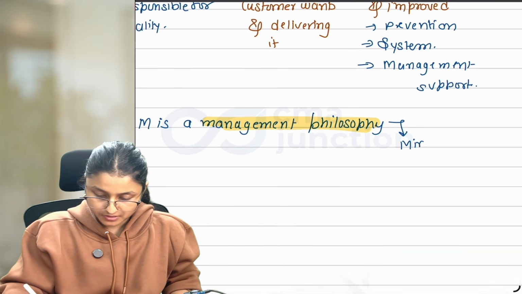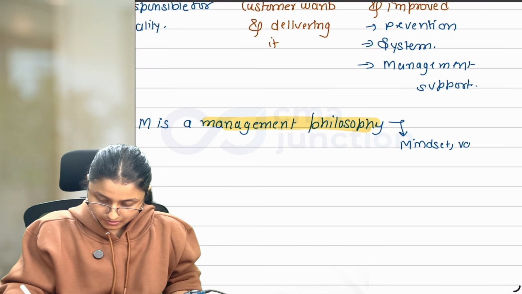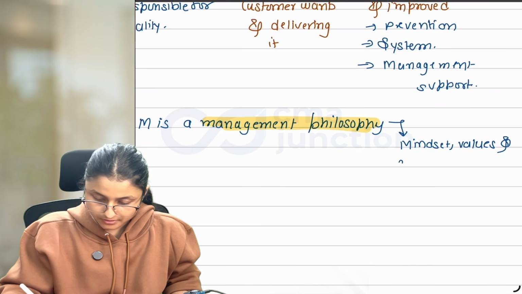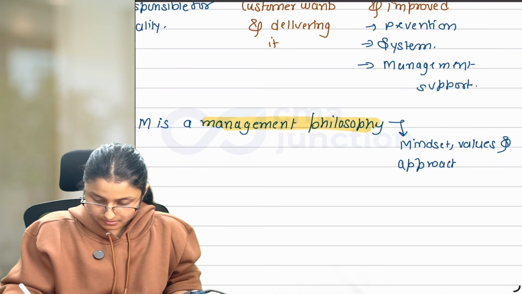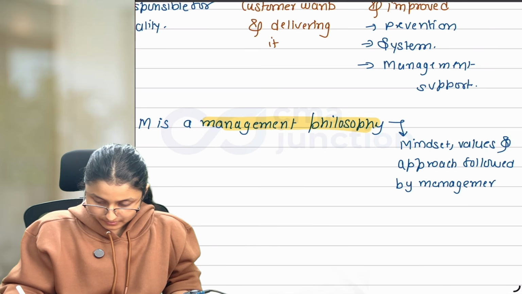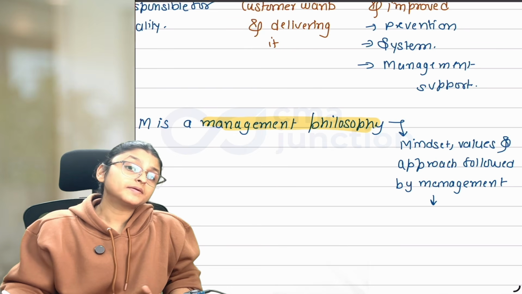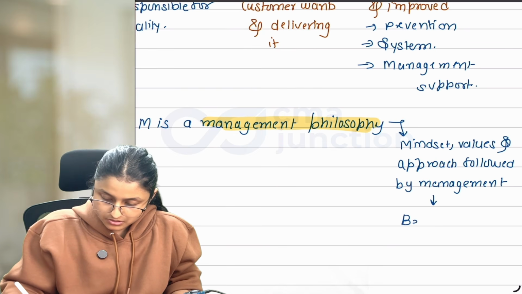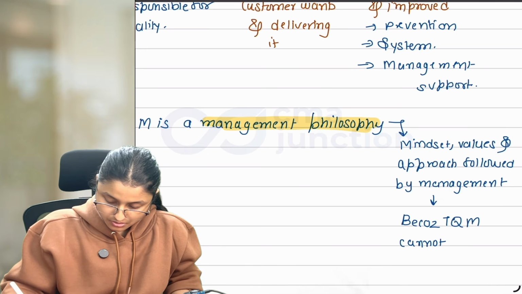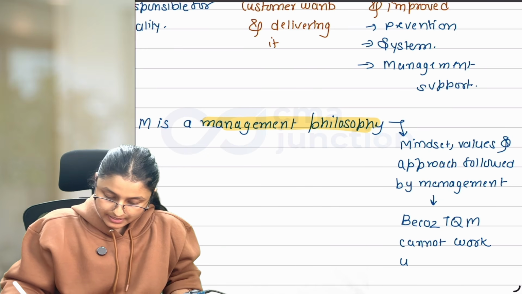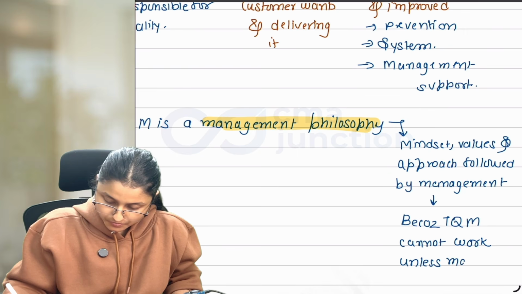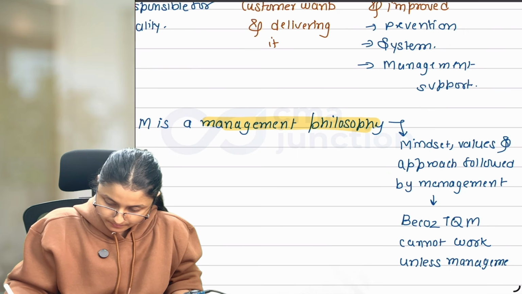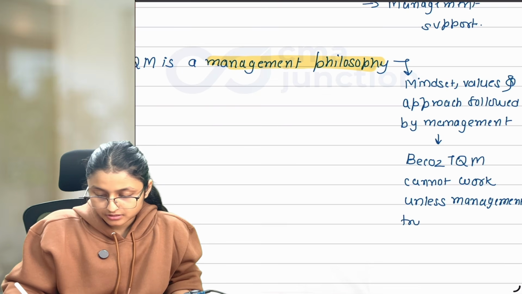So, management philosophy is mindset, values, and approach followed by management. Why are we calling TQM a management philosophy? Because TQM cannot work unless management truly believes in it.